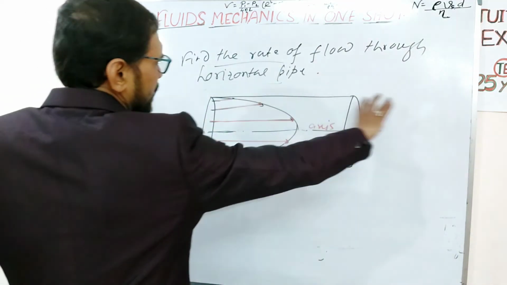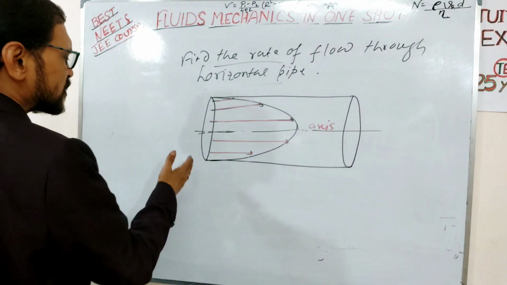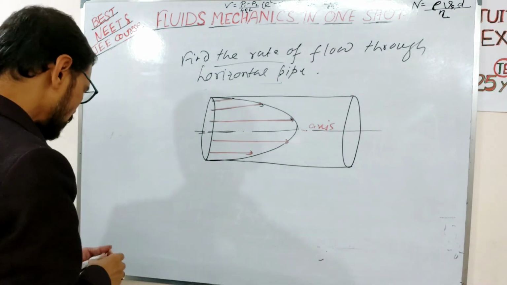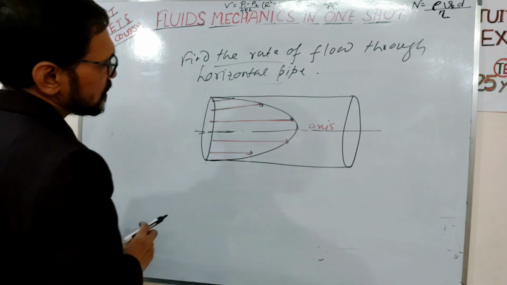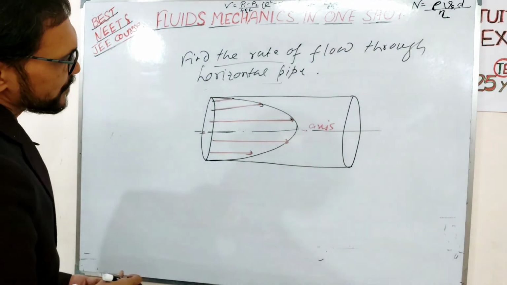Suppose liquid flows through the pipe. Here we draw how the velocity of the liquid varies from the axis to the wall of the pipe.